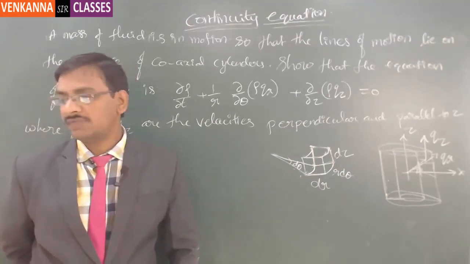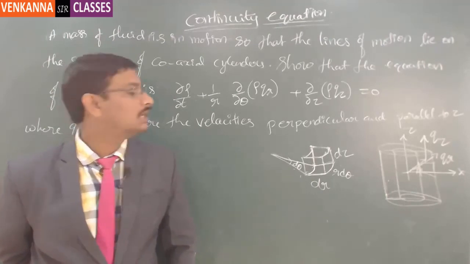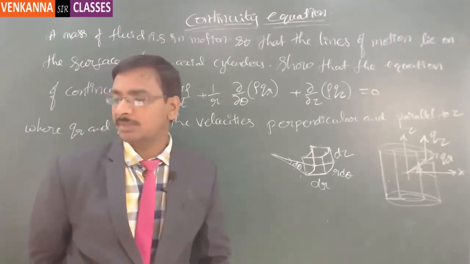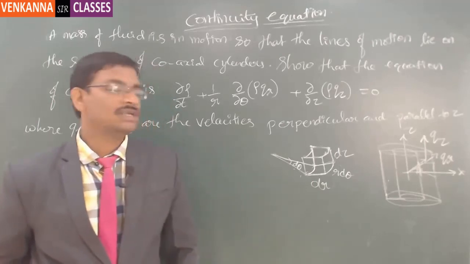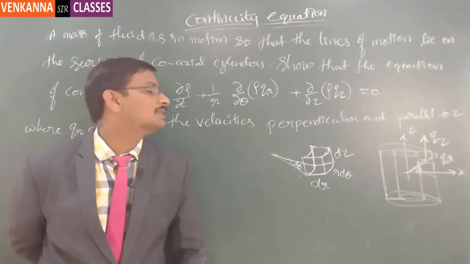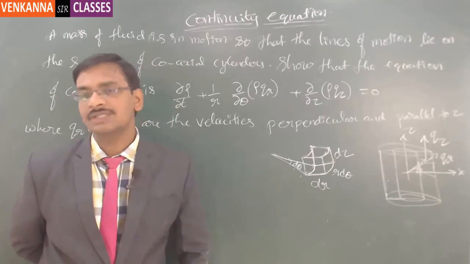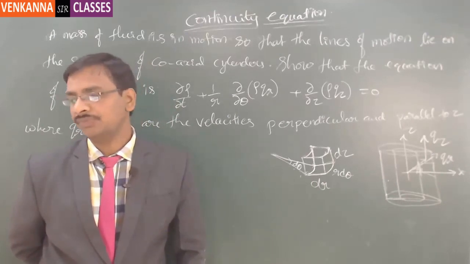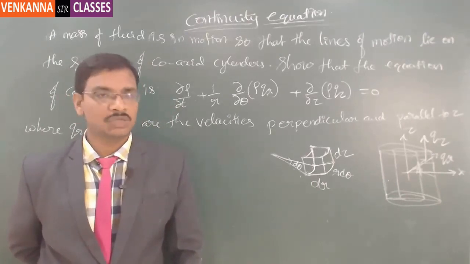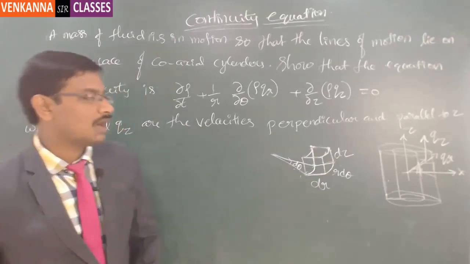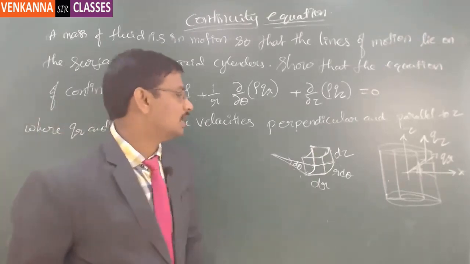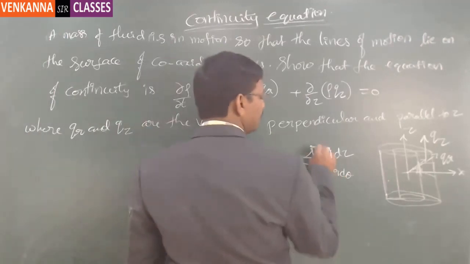If you want to identify the mass of fluid within the elemental volume, that is rho multiplied by the volume. So you have to take the time rate of change of rho multiplied by this elemental volume. That is one side of the continuity equation. On the other side of the continuity equation, as there is a flow along the z direction and along the r direction, along the z direction we mean this is the direction of the flow.